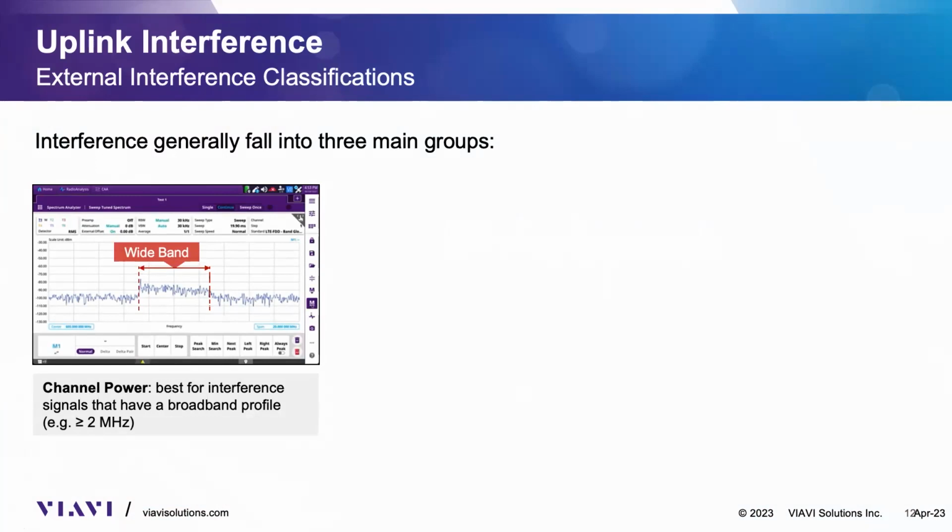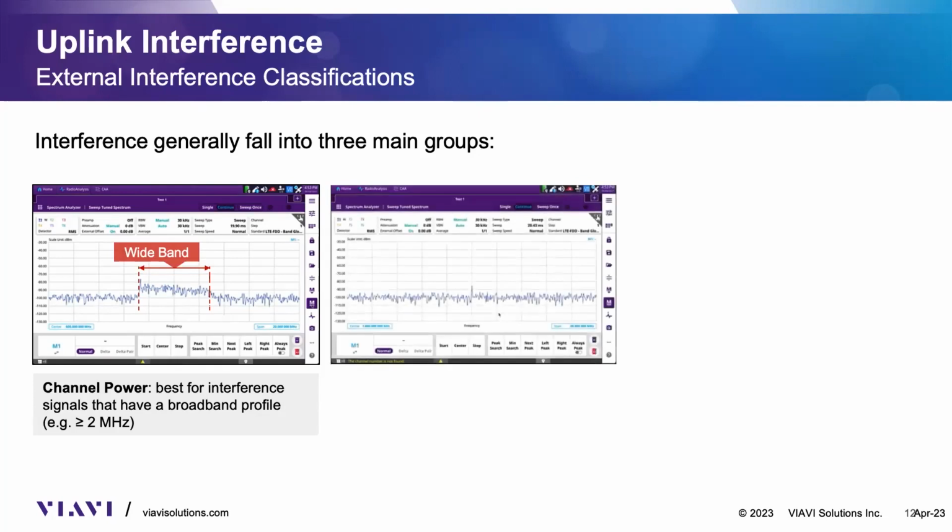And typically for that, we do a test by the whole band. We refer to that as a channel power. So anything that is above 2 megahertz, typically that's a wideband interferer. Some broadband amplifiers, some of those type of devices generate this type of interference.